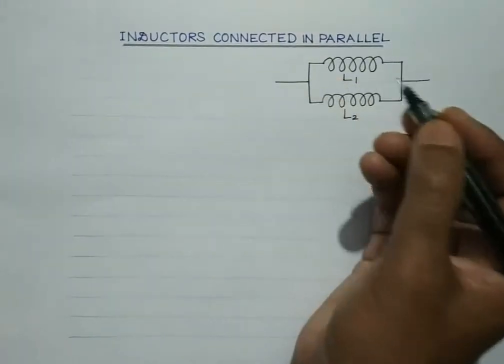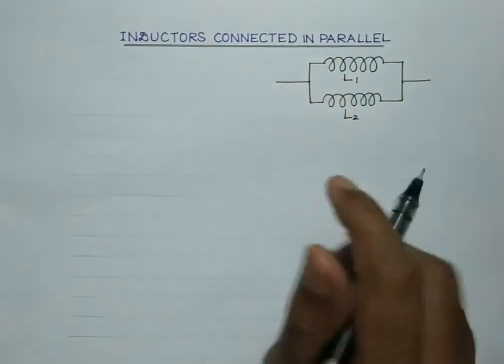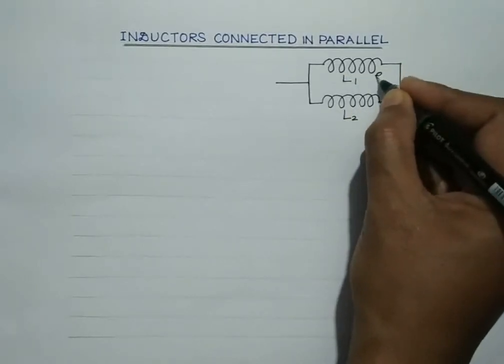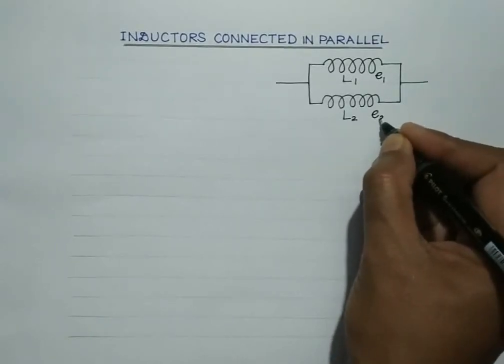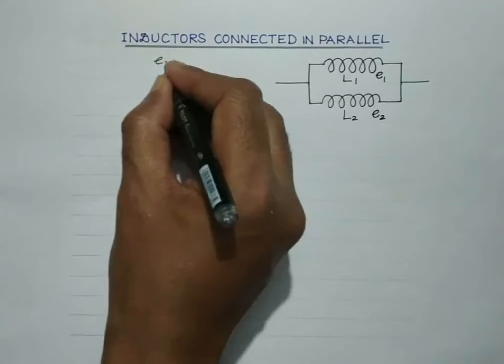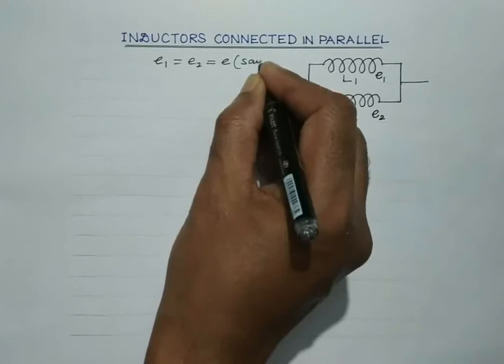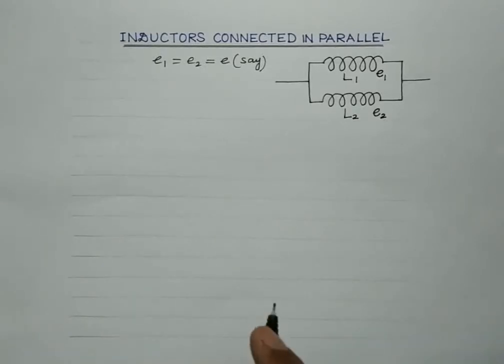Now in parallel, we know that the EMF induced across the circuit element connected in parallel will remain constant. So if the EMF induced across coil 1 is E1 and the EMF induced across coil L2 is E2, then E1 is equal to E2 is equal to E, say. Because in parallel grouping, the potential difference across the circuit elements connected in parallel is constant, right?